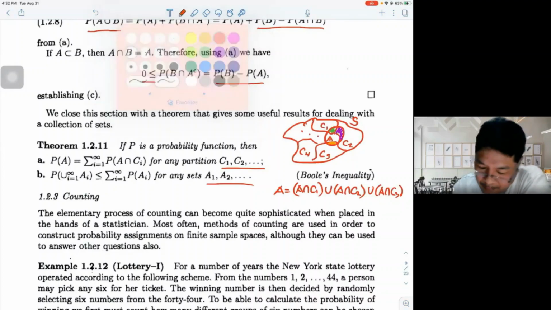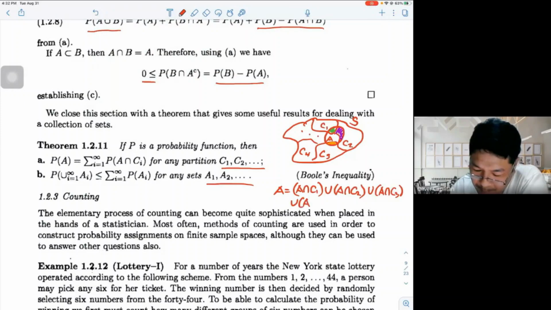And then say the union of A intersection C sub 4. Obviously, the intersection is empty. Take the union, and so on and so forth.